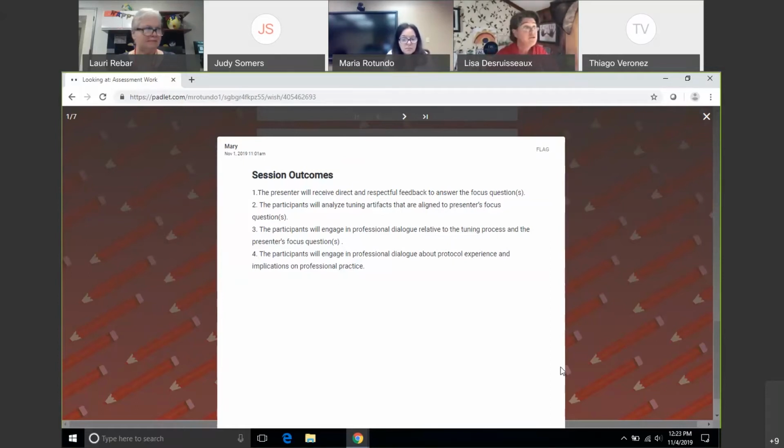You will analyze those tuning artifacts, all within Padlet, aligned to her questions. You will then engage in a professional dialogue relative to the process, and you will engage in professional dialogue about the protocol at the end when we debrief, because we want to have an opportunity to talk about how this session worked for us. So that's a real quick overview of the rest of our time together today.